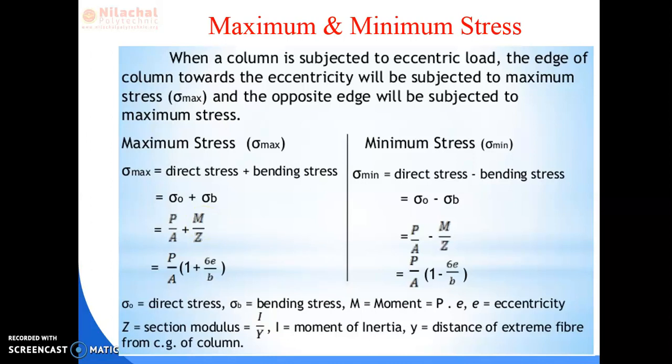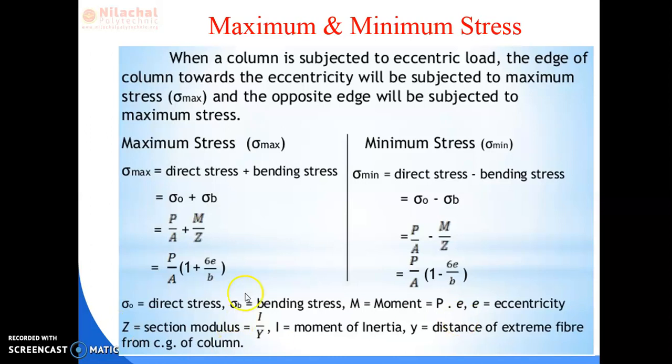So M is equal to P into E, while Z is I divided by D by 2, where I is equal to B D cubed by 12. So B D cubed by 12 divided by D by 2, that is B D square by 6.